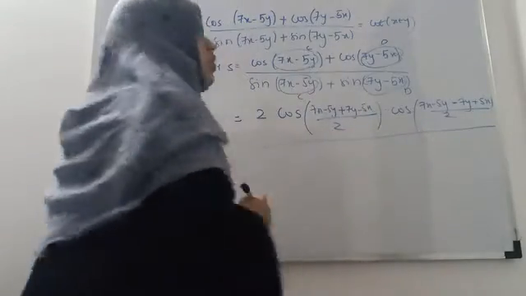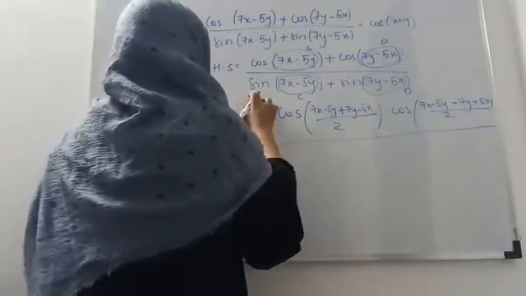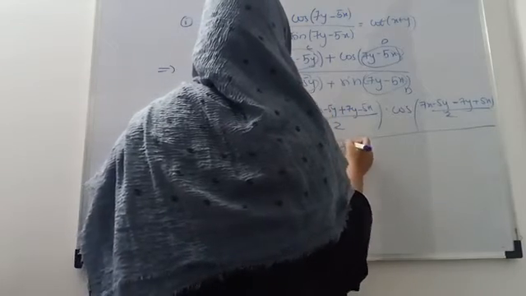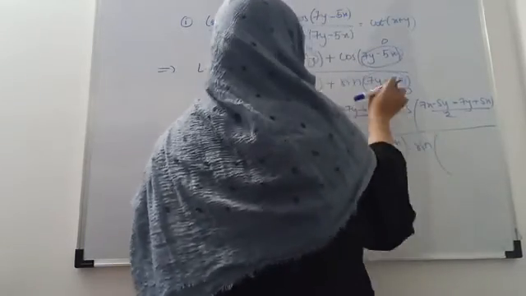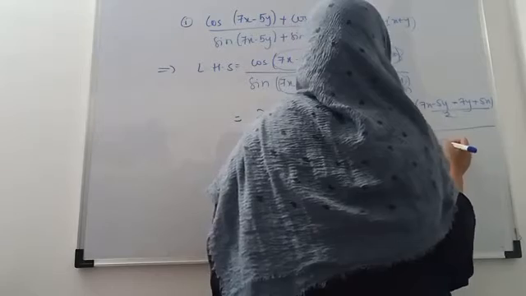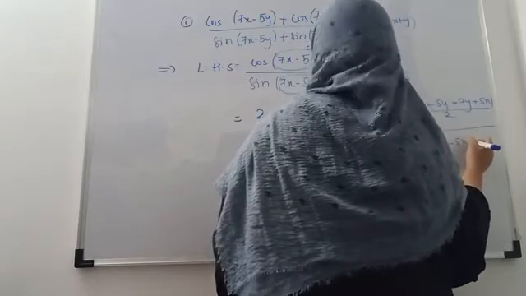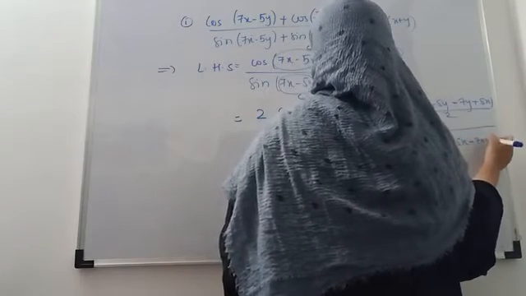This is your numerator, and in the denominator, for sine plus sine, the formula is 2 sin((7x − 5y + 7y − 5x)/2) into cos of this first minus this, (7x − 5y − 7y + 5x)/2.